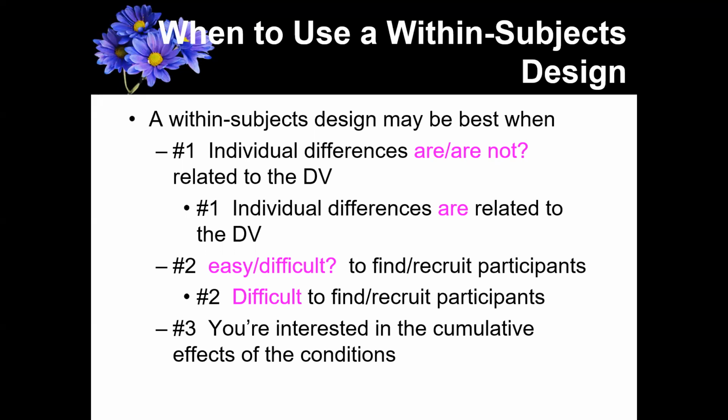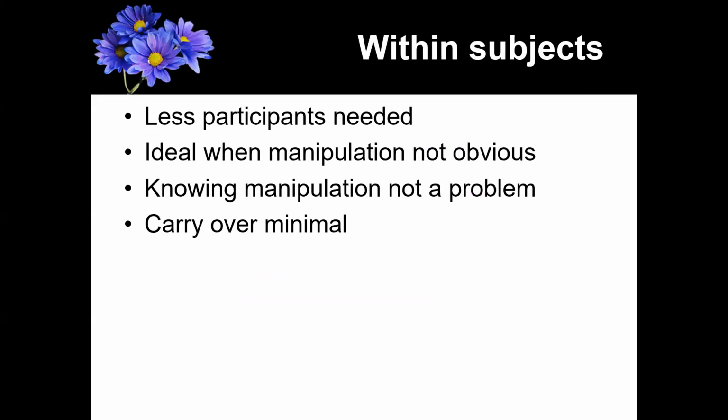But there aren't too many examples of that. And then a couple more things. Again, fewer participants needed, that's kind of a pro of within subjects design. Another big one that we didn't spend much time on is that within subjects design is ideal whenever your manipulation is not obvious. Or alternatively, knowing when the manipulation is not a problem.